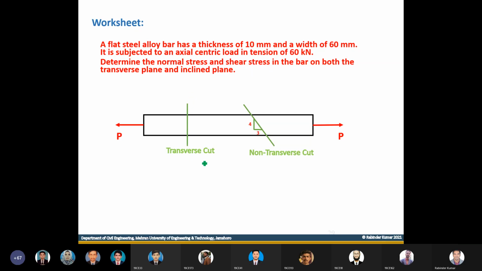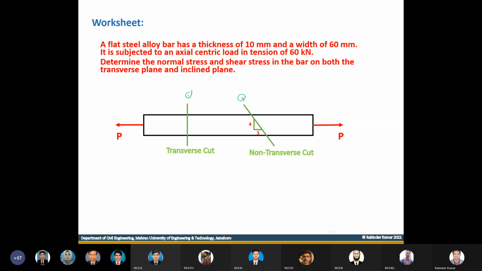So first try to do the stress calculation along transverse plane. You might have done these examples in strength of materials one. Do it and let me know whether you guys know or not. So find the normal stress and shear stress. This is question number 1, this is question number 2. So first solve one and then switch to the 2.